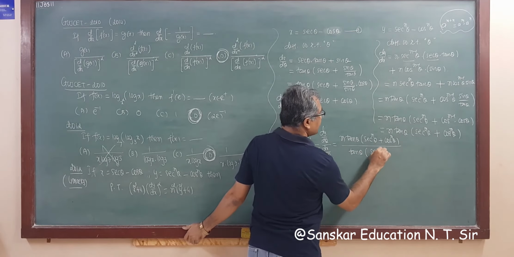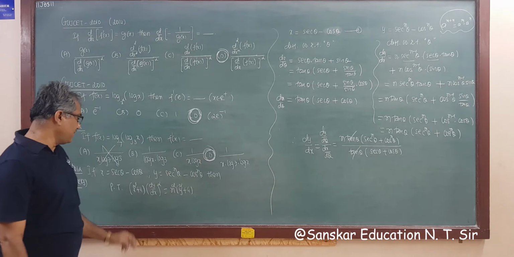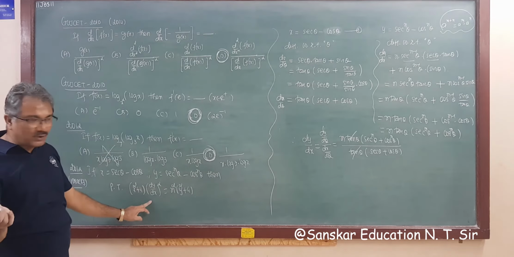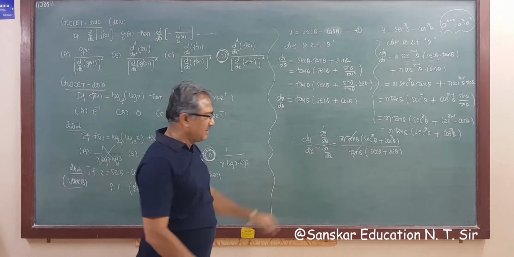So this tan cancels. Now what we require, see here, we want dy by dx whole square. So squaring both sides, what we get?